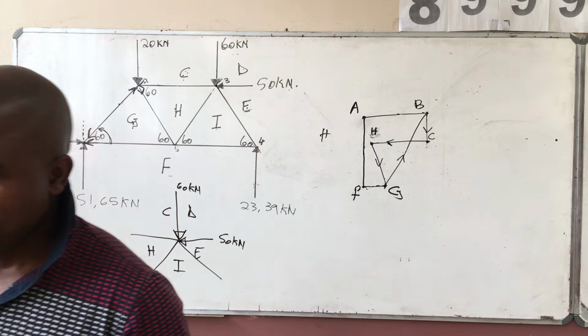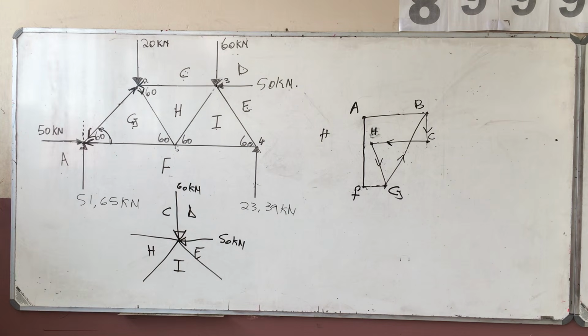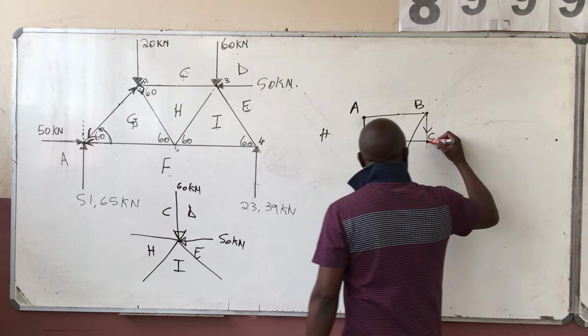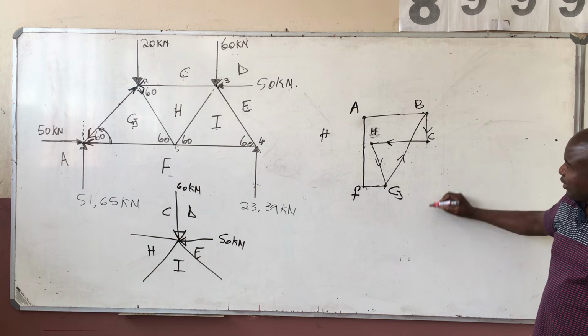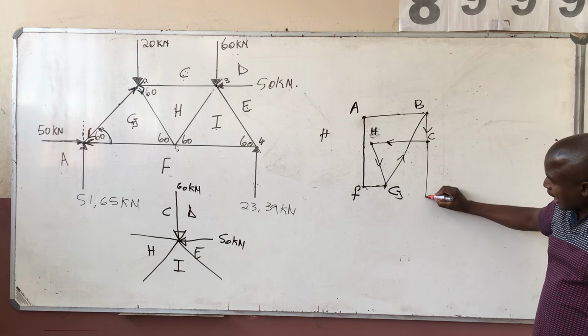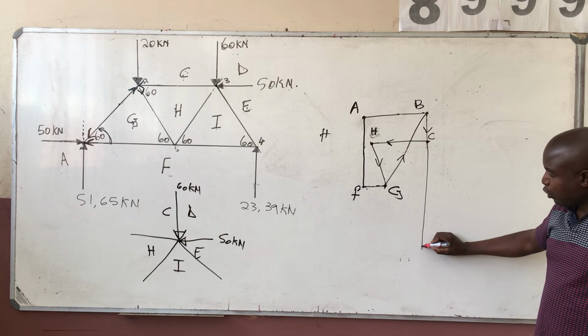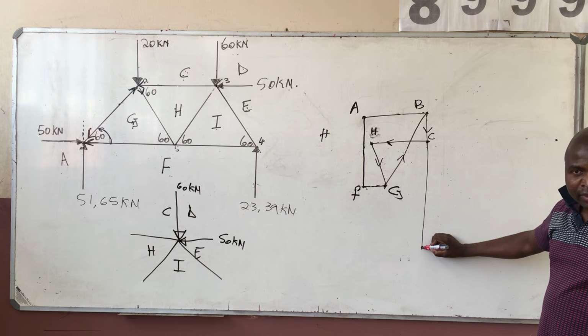So, which member do we start with? We start with CD, ne? Do we have at least one point? Is it either C or D? Which one do we have? C. So at C, we are going to draw. Do we go up or down? We go down, straight downwards for 60 millimeters.